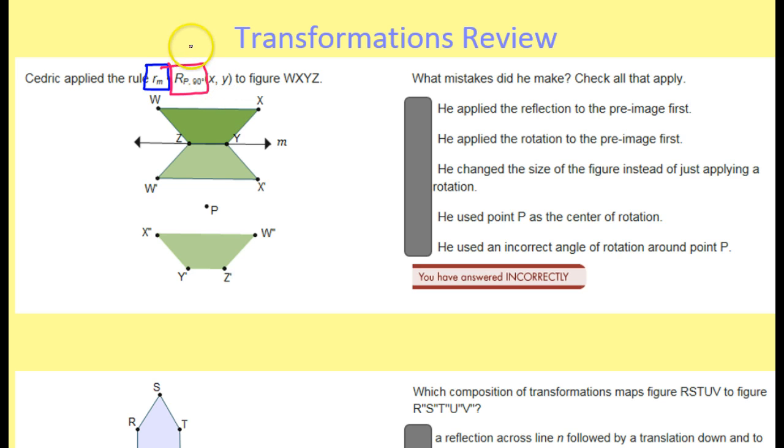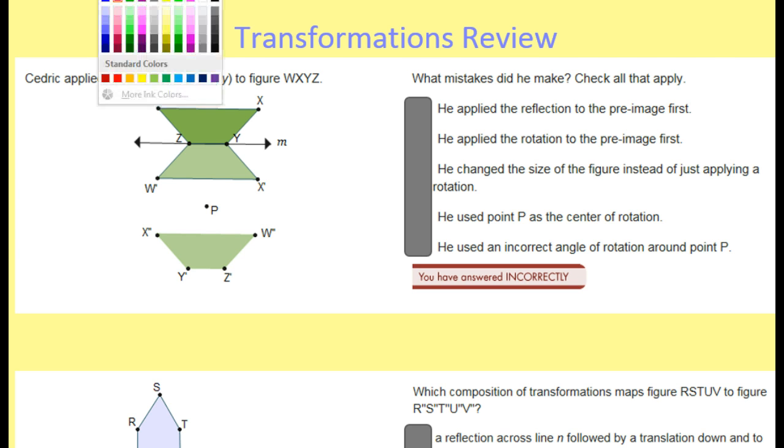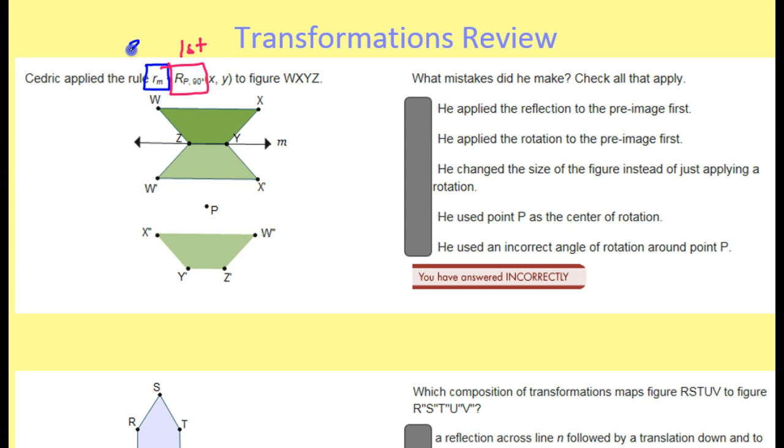Now here's something very important. The order matters. The one on the right actually happens first, and the one on the left actually happens second. So first we have this rotation around point P of 90 degrees.